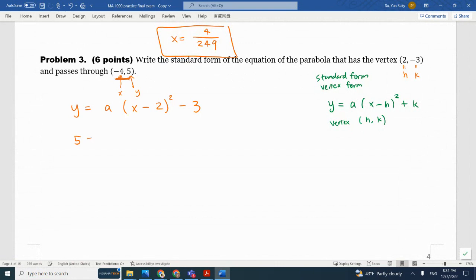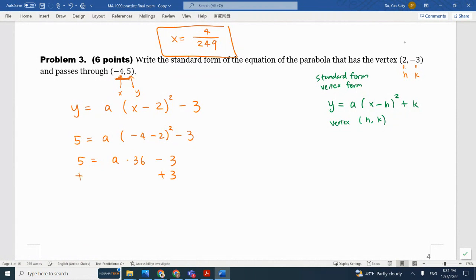So y is 5, x is -4. So 5 equals a times (-4 minus 2), which is -6, squared is 36, minus 3. Solve for a.